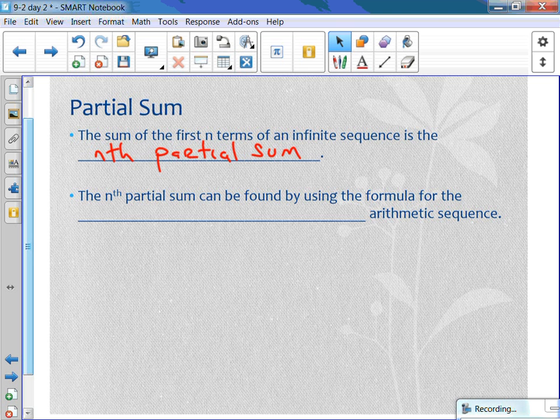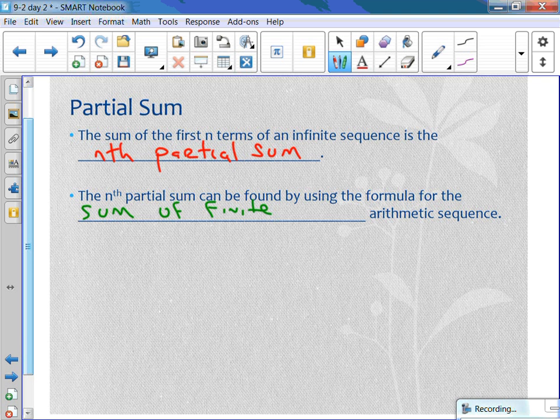So the nth partial sum can be found by using the same formula for the sum of our finite sequence, which was just n over 2 times a1 plus a_n. So it doesn't matter if we're looking at a finite sequence or the nth partial sum. We're still using that same n over 2 times the first term plus the last term.